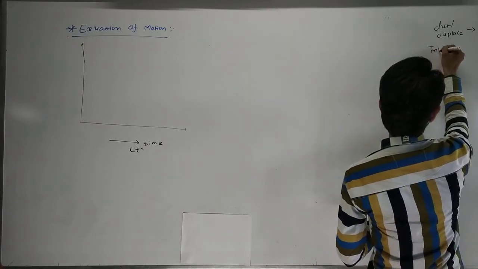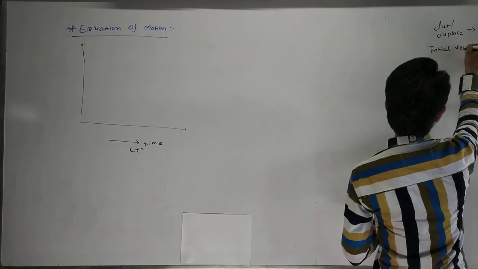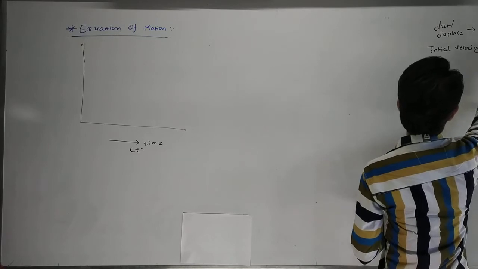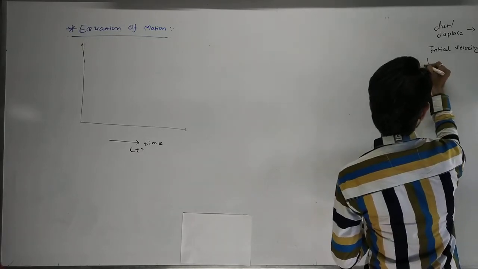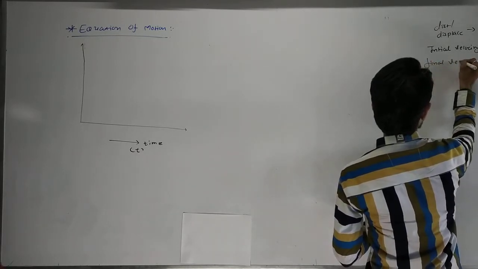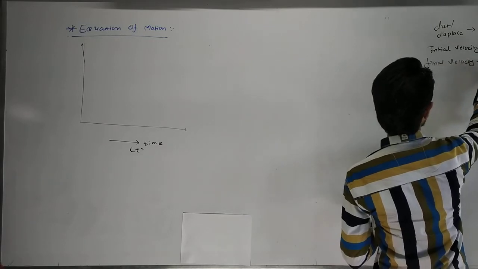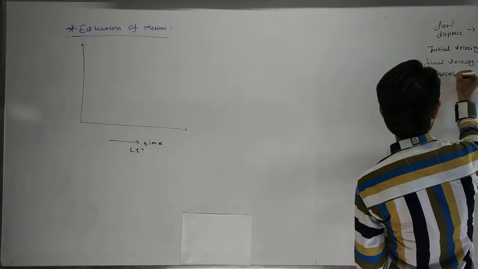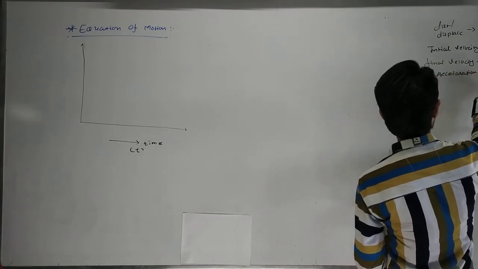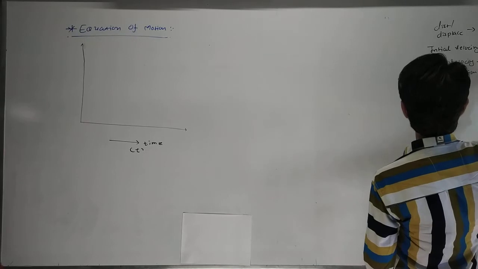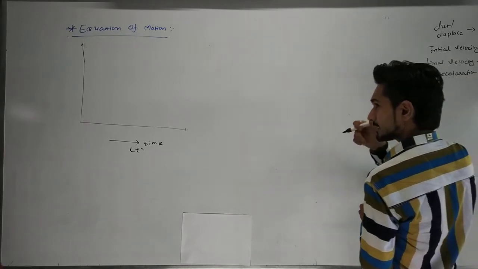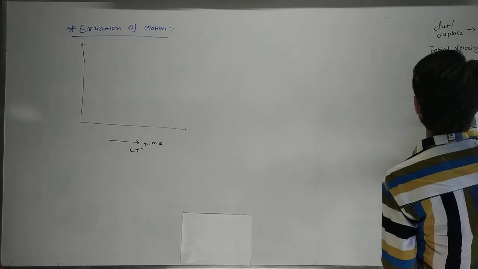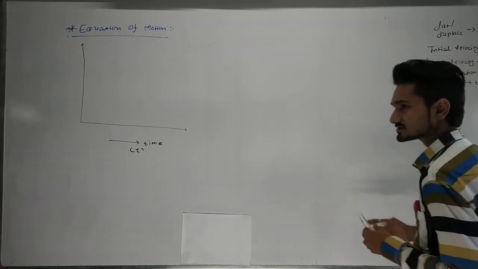Initial velocity is represented by u. Final velocity is represented by v. Acceleration is represented by a. And time is represented by the short symbol t.